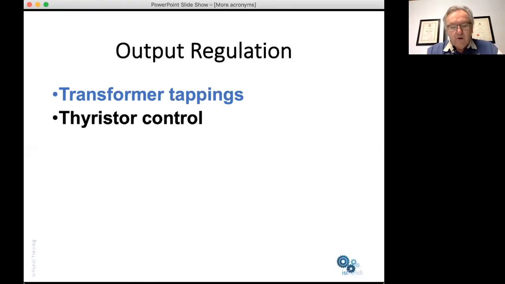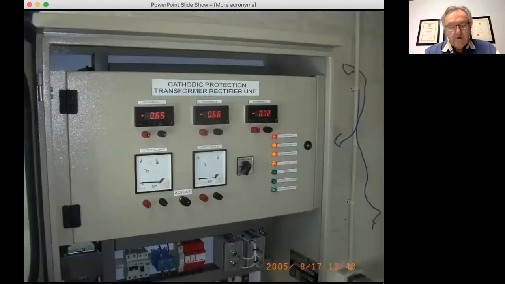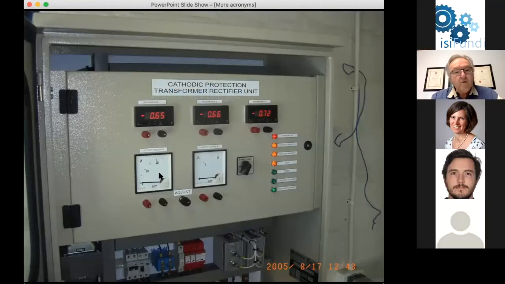Probably the most common control system is that using thyristors. We're not going to go into the electrical circuitry of this, but here's a typical example of a thyristor controlled unit, where you can see we have output meters which show us what is going on. The pipeline potentials are shown by these displays, and there are a number of indicator lights.